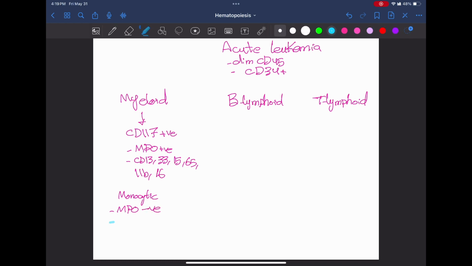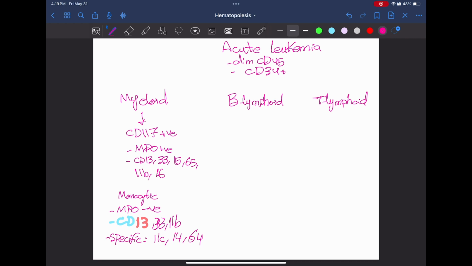They can show common myeloid antigens like CD13, CD33, CD11b, but more specific monocytic antigens include CD11c, CD14, and CD64.